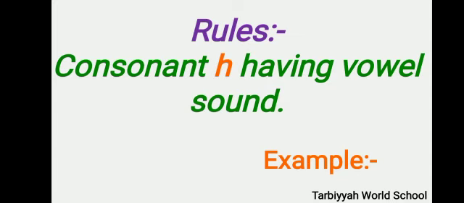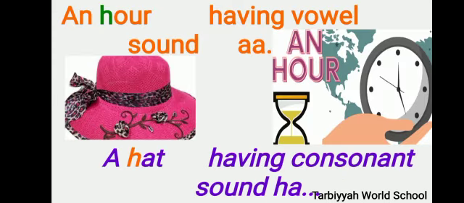Now see some rules. Rule: consonant H having a vowel sound. For example, an hour, where H is silent and having vowel sound A. So we put an before hour. As in the second example, you can see a hat.